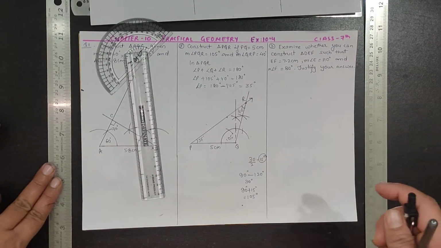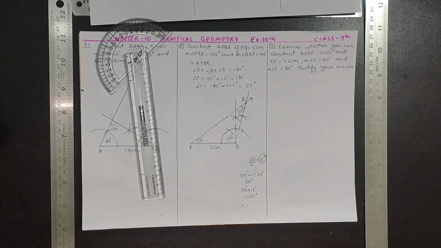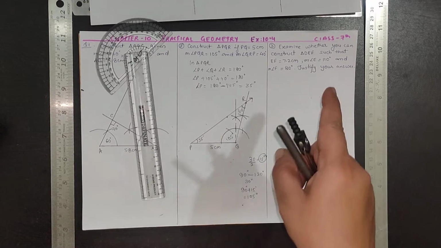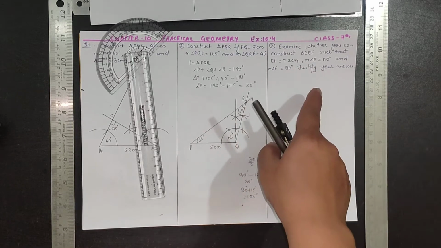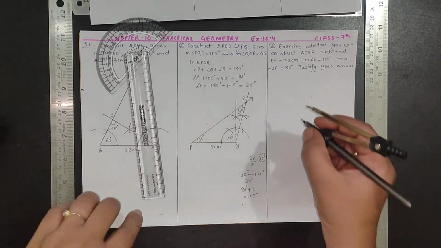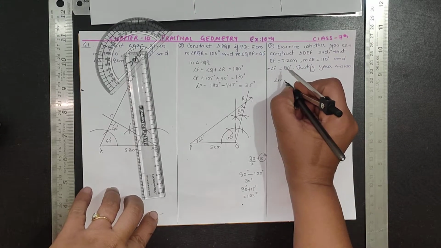Third, examine whether you can construct DEF such that EF is equal to this or not. So let's start. For constructing triangle DEF with the given measurements, two angles are given.